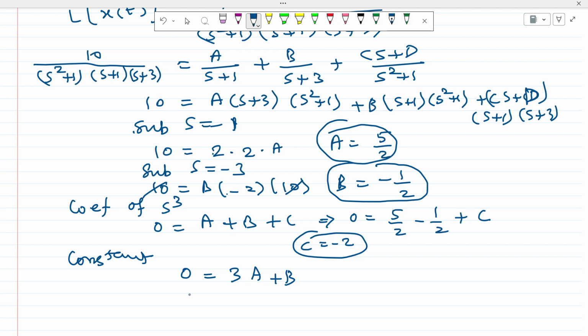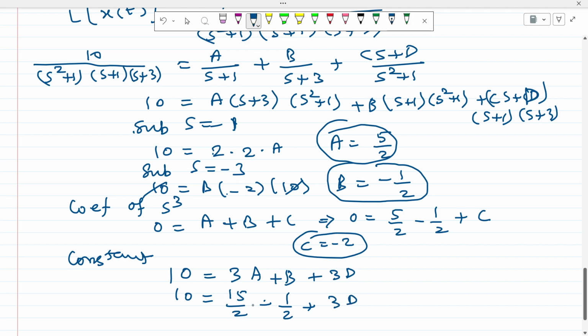Constant term 10 equal to 3a, plus b, plus 3d. Can you tell me, is this equation correct or not? 3d only. Then 10 equal to 3a, 15 by 2, plus b is minus 1 by 2, plus 3d.